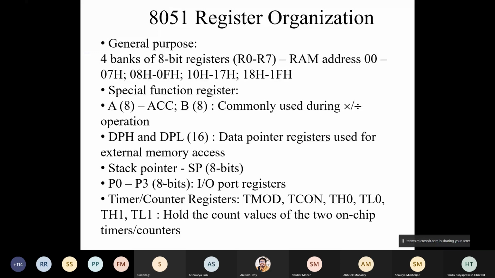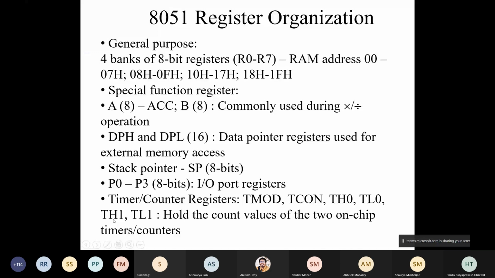For timers and counters, there are other special function registers, that is timer mode select and timer control, TCON and TMOD, and then timer high, timer low for channel 0 and channel 1. Timer high 1, timer low 1, timer high 0, timer low 0.